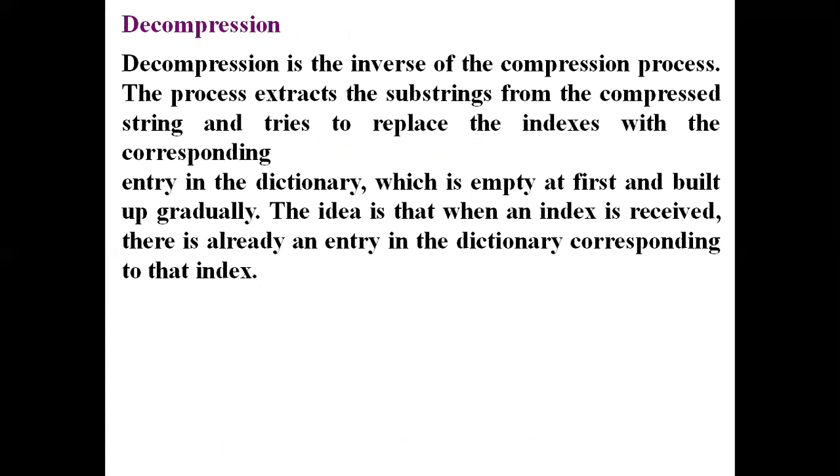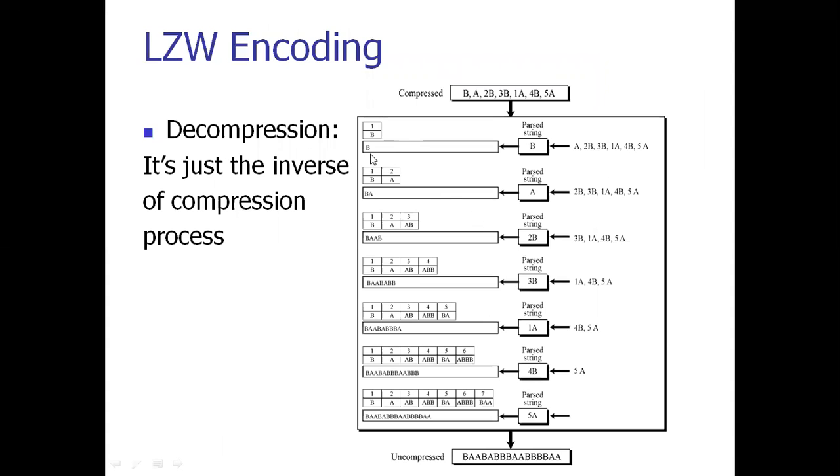The idea is that when an index is received, there is already an entry in the dictionary corresponding to that index. So I take B, parse the string B. Then again I take A, parse the string, and give it a value. Then 2B, I add the value of 2, meaning A, and B as it is. Then the next value 3B, I take the value of 3, and similarly we continue parsing these strings.